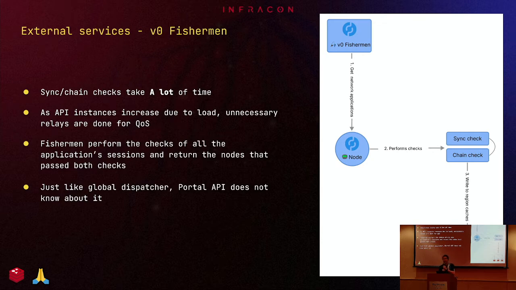It could take maybe 8 to 10 seconds because it was performing all the checks, so your first experience using a Pocket application wasn't going to be really good. That's not going to give a good impression. Now, with the global dispatcher, the session application check, the quality of service check, is basically invisible, and you get the fastest response time possible from your relays, just like it already happens with the session nodes checks results.